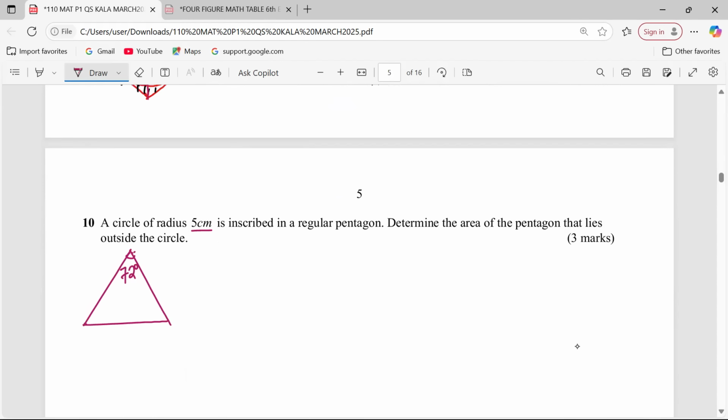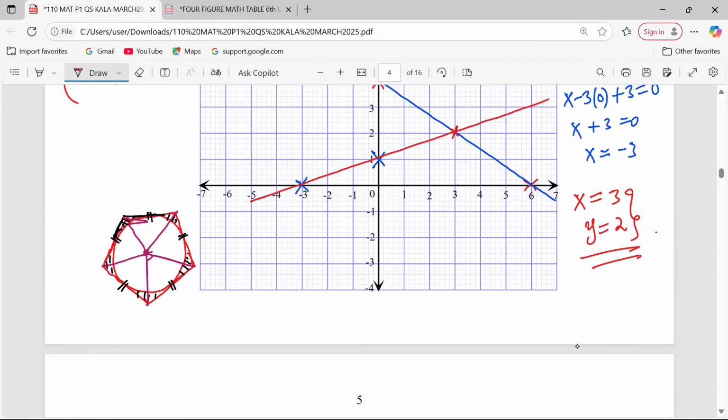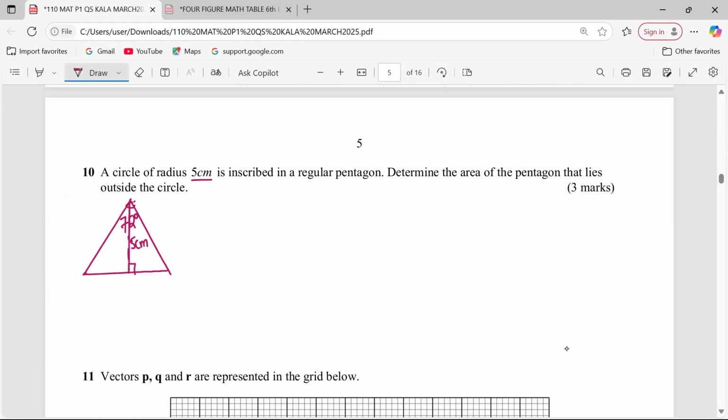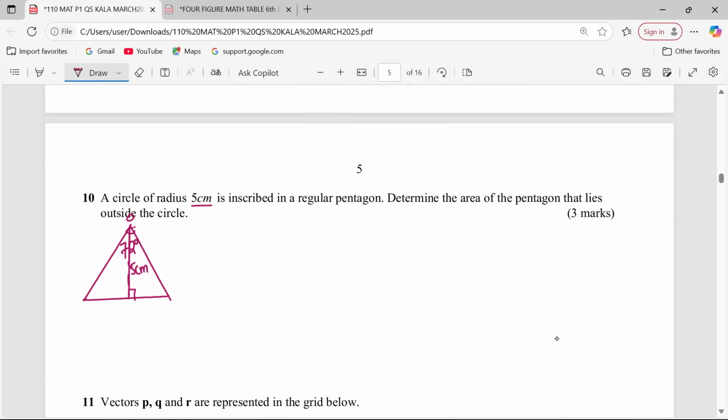Then something else that you're supposed to know, according to how the circle is passing, the length here is known to be 5 because it is equal to the radius. So this is 5 centimeters. If that is 5, then we can get the angle from the center to, let's say this is AB. We can get OB by using 36 after dividing by 2.